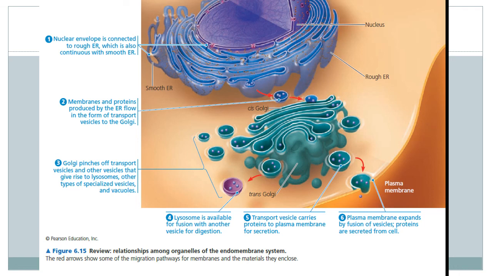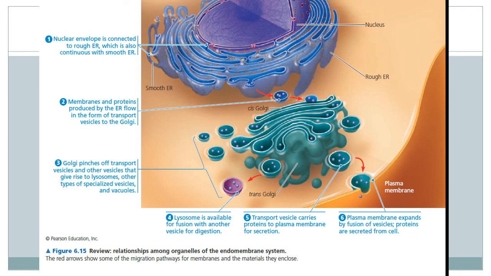Here is a review of the relationship among organelles of this endomembrane system. The nuclear envelope is connected to the rough endoplasmic reticulum, which is also continuous with the smooth endoplasmic reticulum. Membranes and proteins produced by the ER flow in the form of transport vesicles to the Golgi.